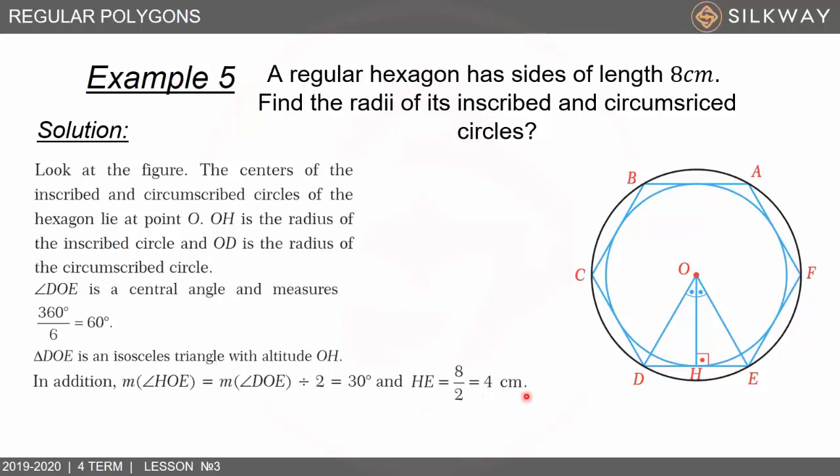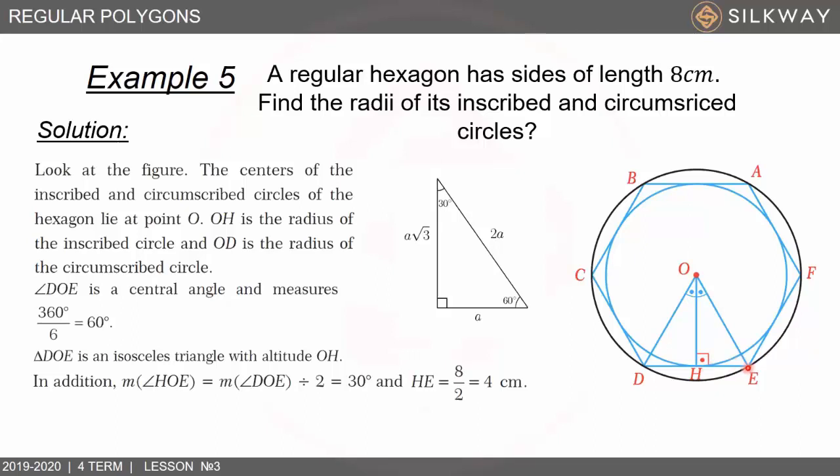And then, by using this special triangle, we can easily find the radii of the inscribed and circumscribed circles. Here we know that HOE is 30 degrees, OHE is 90 degrees, and HEO will be 60 degrees.